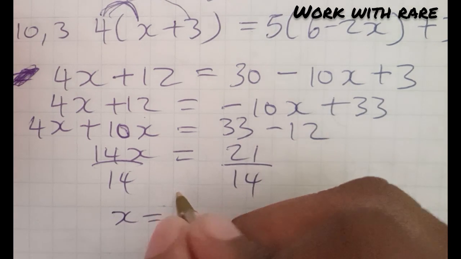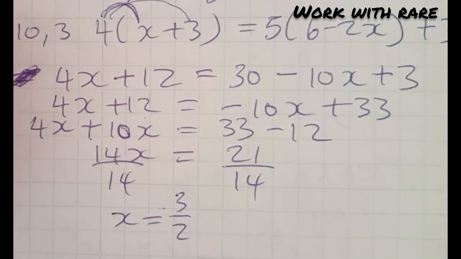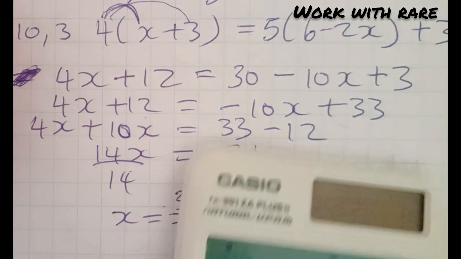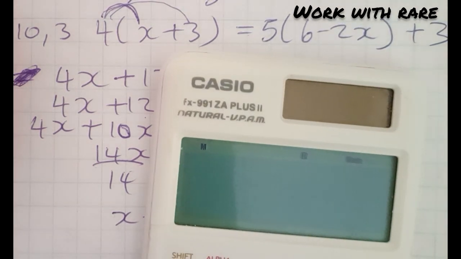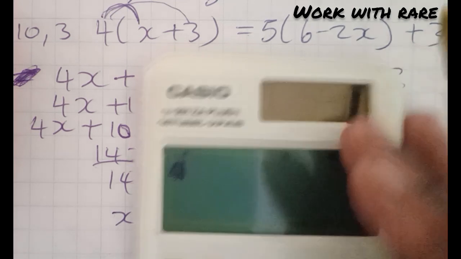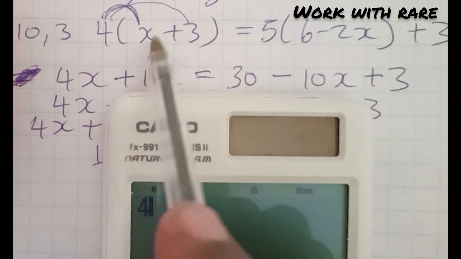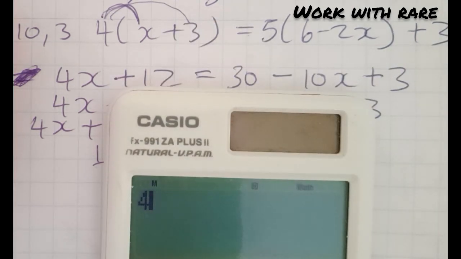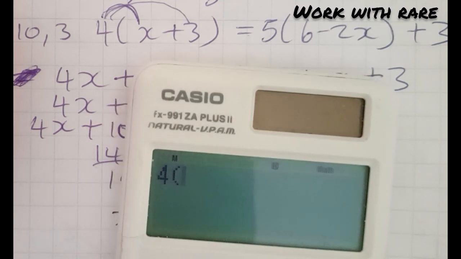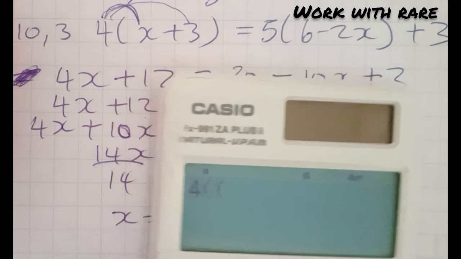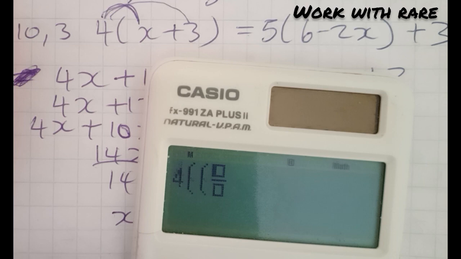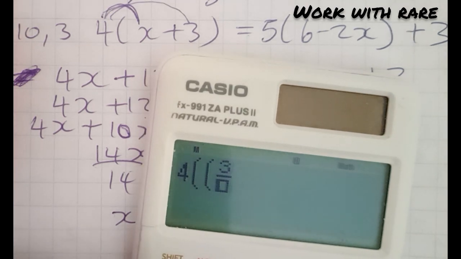It's 3 over 2. So this is our x value. Our x is 3 over 2. So when you test it, we'll see. Okay, remember here I write it from here. So I write the one on the left hand side first, then I open bracket, then I'll have to open bracket for the x. Remember, our x is 3 over 2.